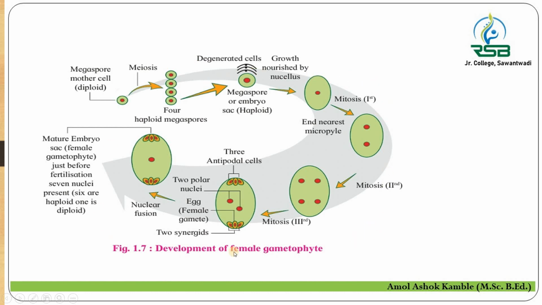And this embryo sac development or the female gametophyte development takes place inside the ovule. Therefore it is called endosporic. And during the development of this female gametophyte, there is use of only one megaspore mother cell. Therefore it is called the monosporic development of embryo sac or the female gametophyte.